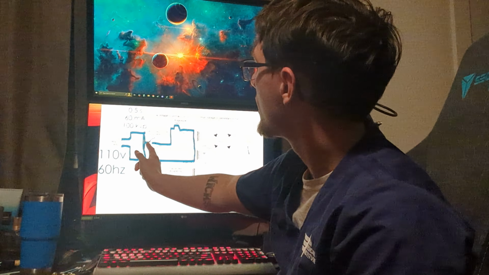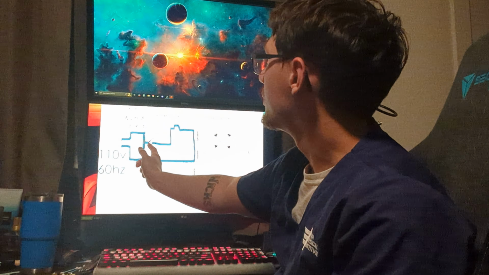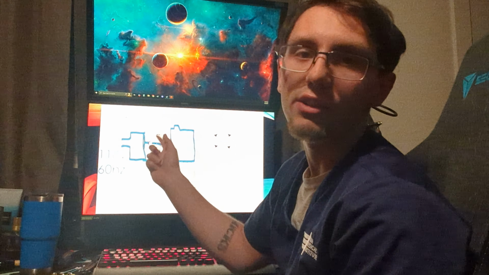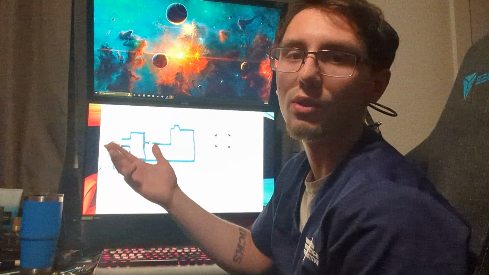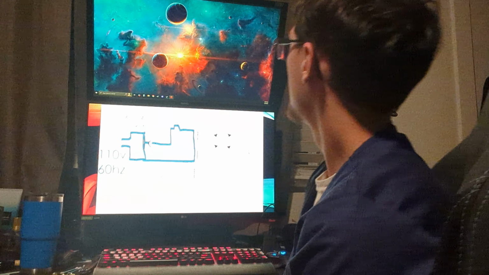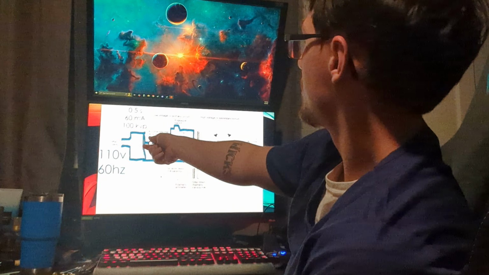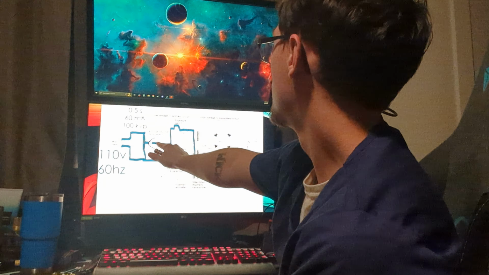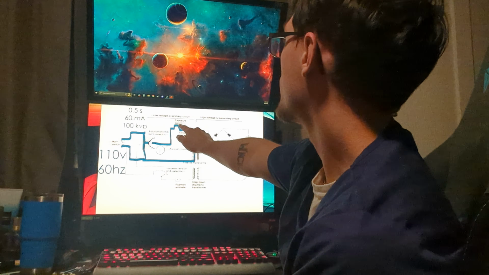There's actually no connection here, no wire. Induction is the process of electricity moving from one object to another without the objects actually touching. So the electricity moves from here to here without touching, and moves up towards here.